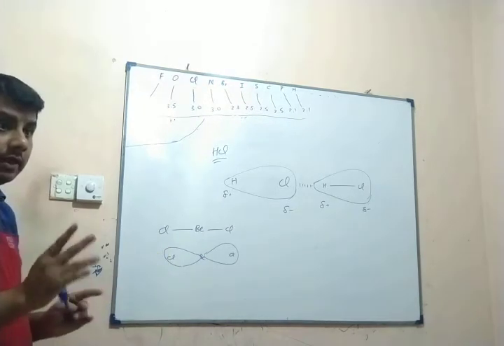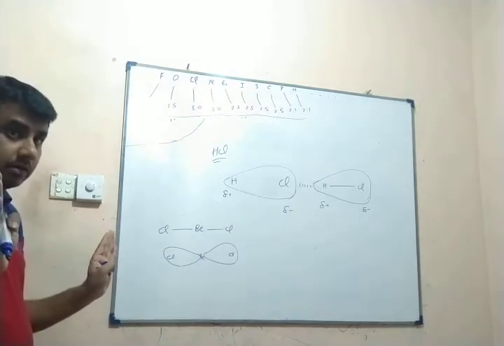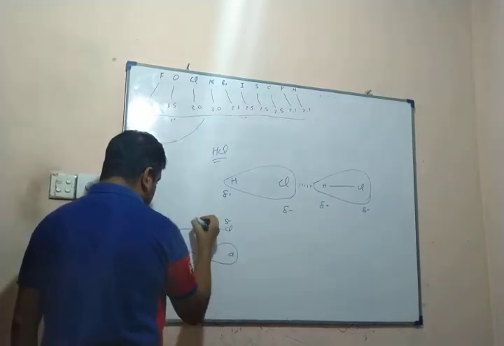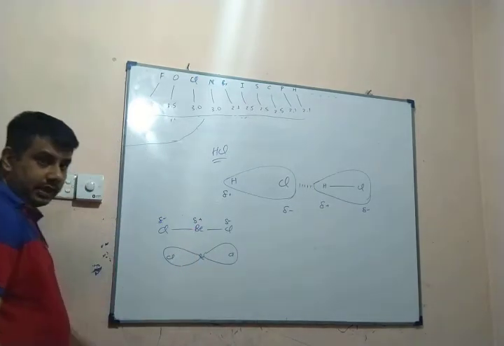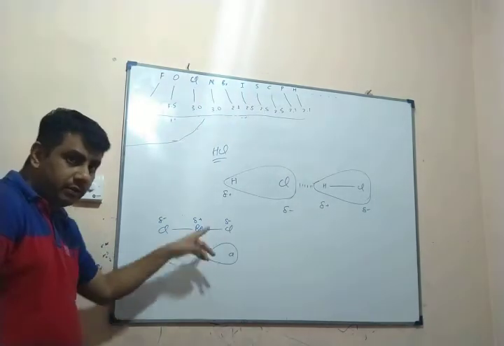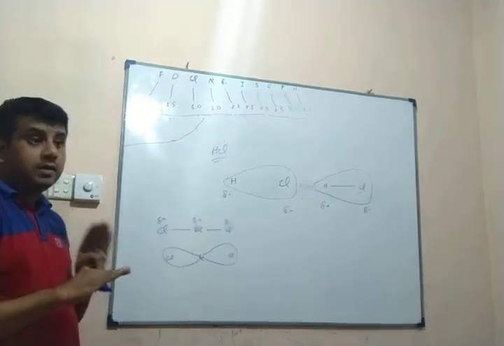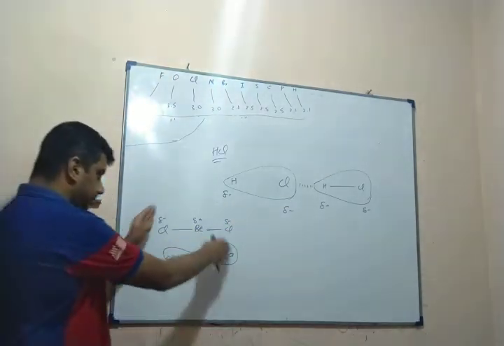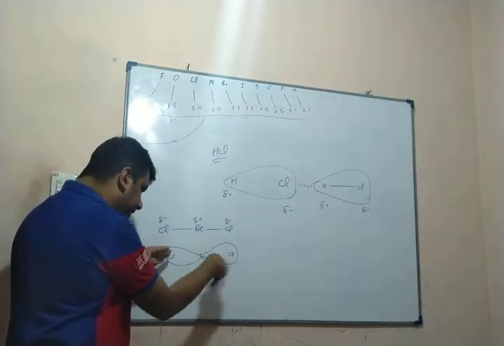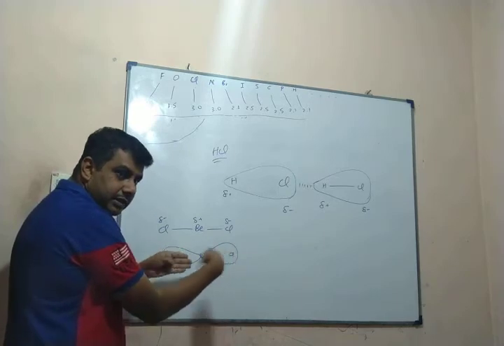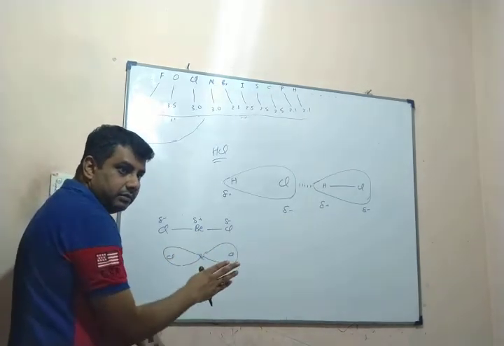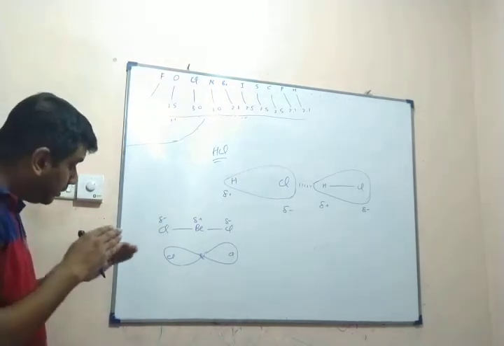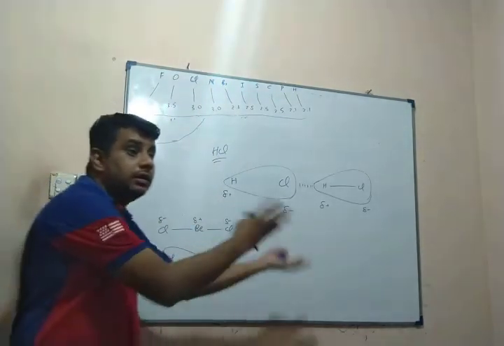Between two beryllium chloride molecules there is no dipole attraction, even though they contain delta minus and delta plus. The resultant dipole moment is 0. So it cannot attract another molecule, because the dipoles cancel each other inside itself.